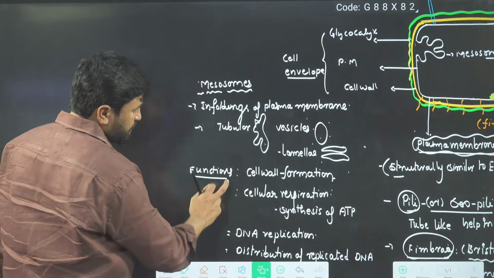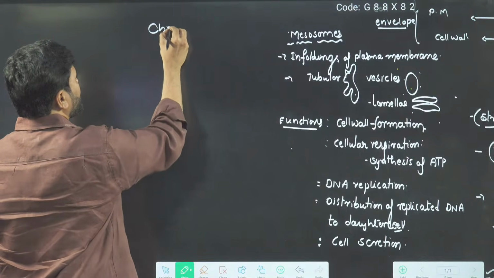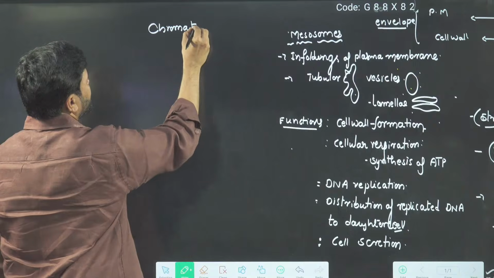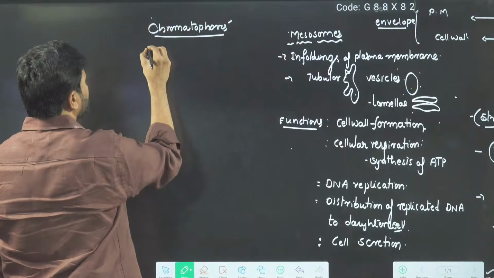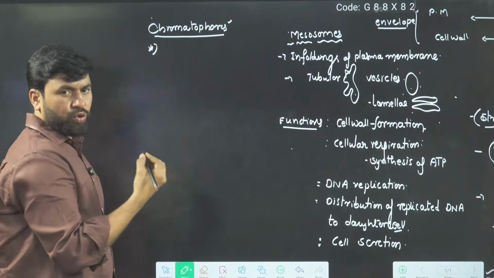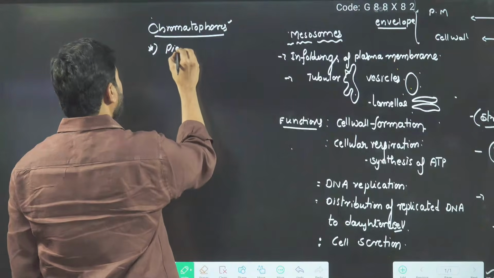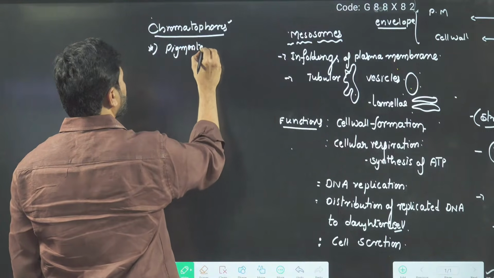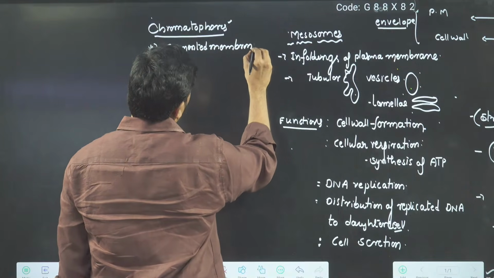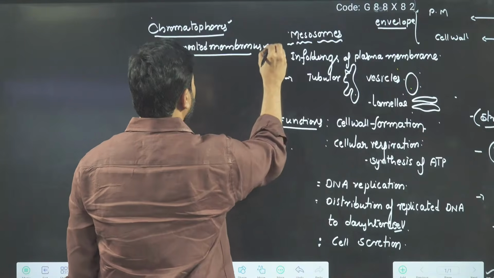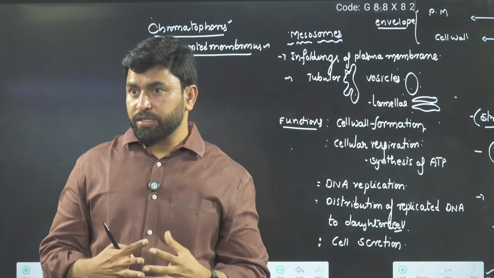They are present on the membrane. Be careful: chromatophores are not freely present in the cytoplasm. Chromatophores are present on the membrane. They are membranous areas. In that case, what kind of structures do you call chromatophores? Pigmented membranous structures. What does it mean by pigmented membranous structures?